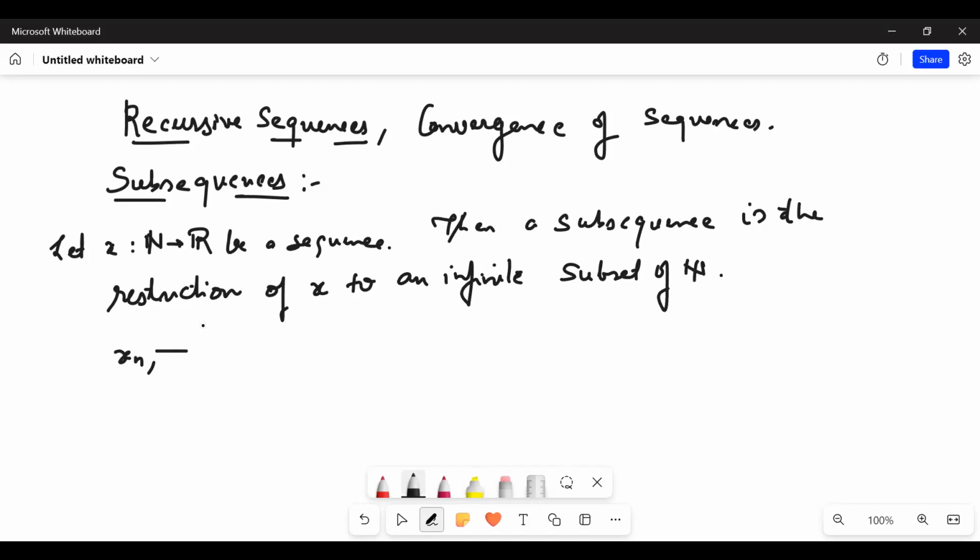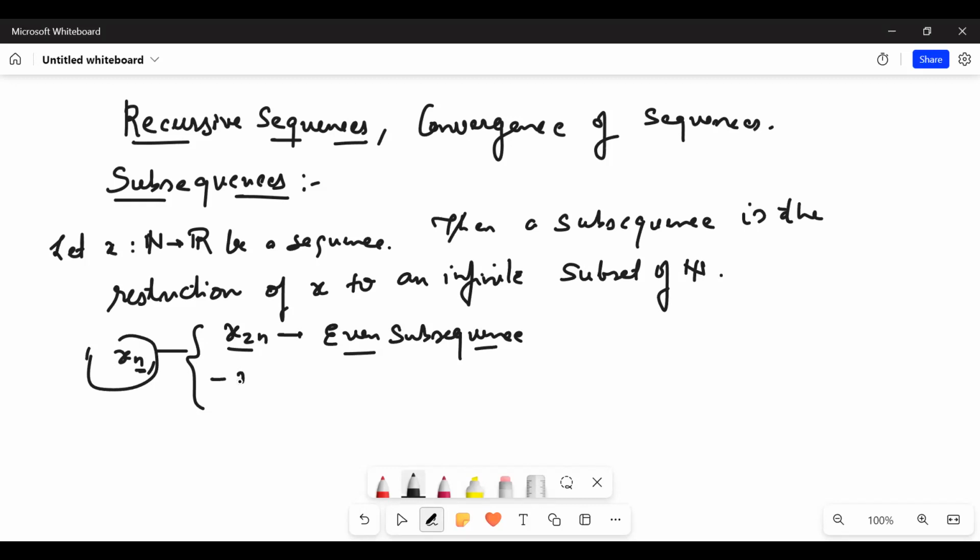Now if I restrict this N to only even numbers, the set of even numbers is also an infinite subset of N. So this restriction of X to that set would be an even subsequence, or you can say a subsequence containing only even labels.